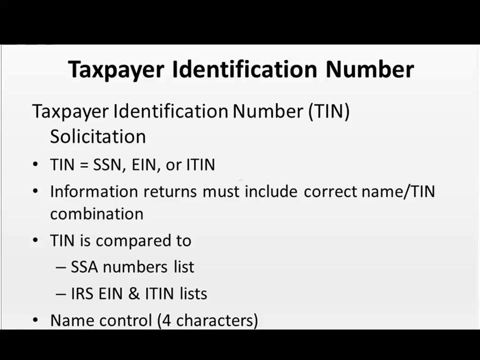Also, you don't want to use the Social Security Number Verification Service for verifying numbers for 1099s. There are 2 different purposes. You've got 2 different databases involved. And also, you don't want to use E-Verify for either of these purposes because that's a completely different use.